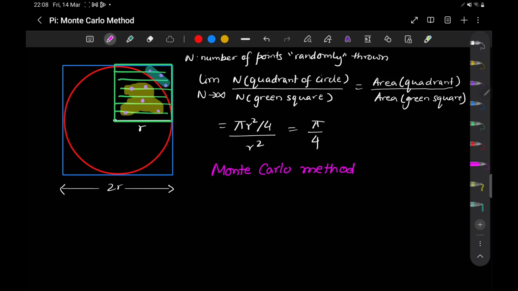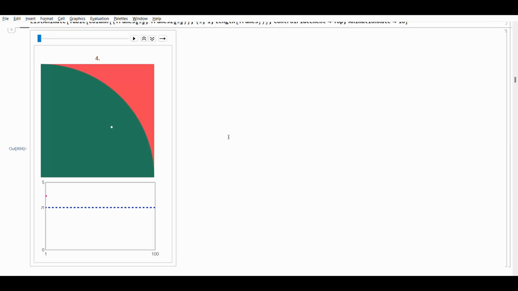Now we will look at a simulation of this in Mathematica. So here I have my Mathematica simulation. This green is the quadrant of the circle, and this red part is actually outside the quadrant of the circle. So I will randomly throw points in this square.